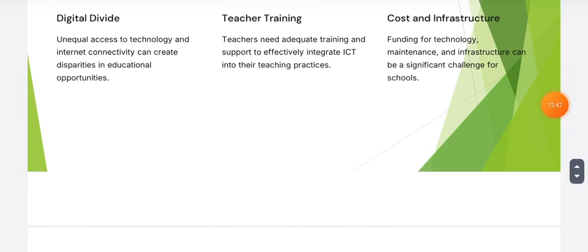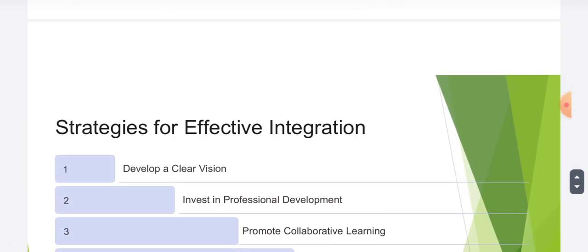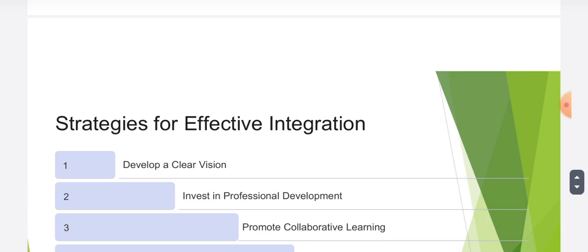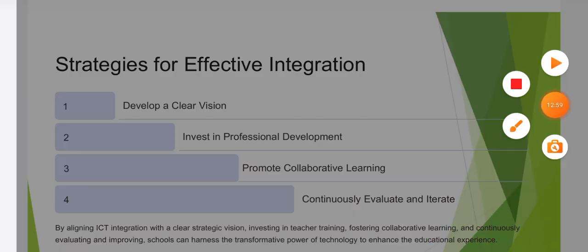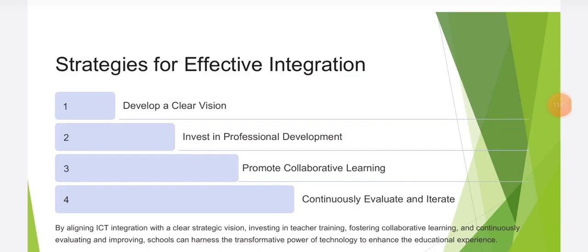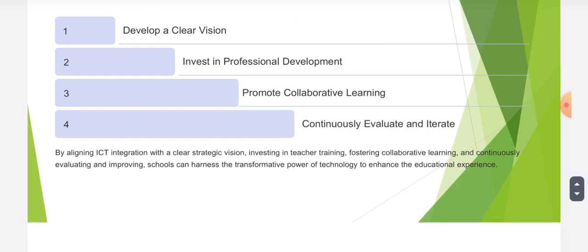Now another point is strategies for effective integration. How can we solve this problem? First, for using these technologies, we have to develop a clear vision. When we have a clear vision, then we can integrate this technology. Another point is we have to invest money in professional development.